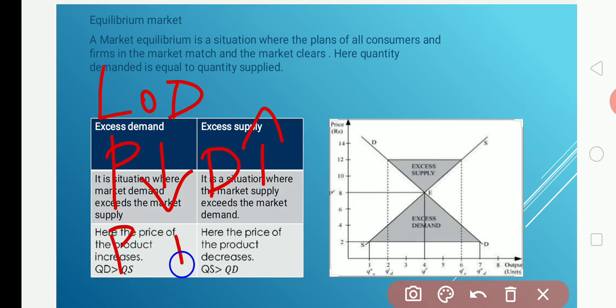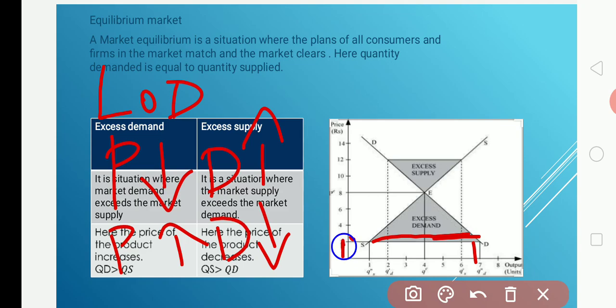When the price is more, demand is less. Observe in this diagram, when the price was 2, the demand was this much.